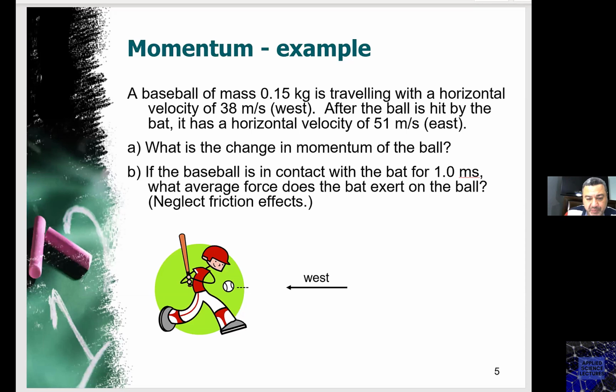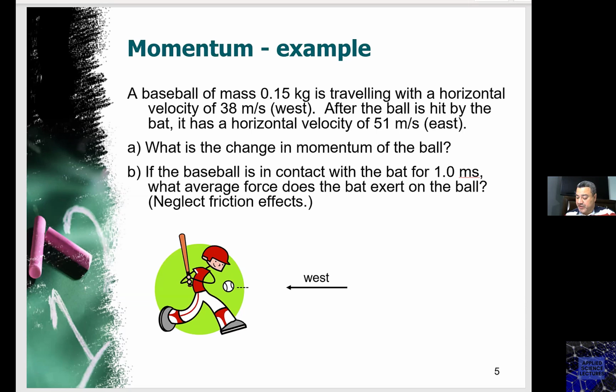Let's look at this example, where we have a baseball of mass 0.15 kilogram that is traveling with a horizontal velocity of 38 meters per second west. After the ball is hit by the bat, it has a horizontal velocity of 51 meters per second east.